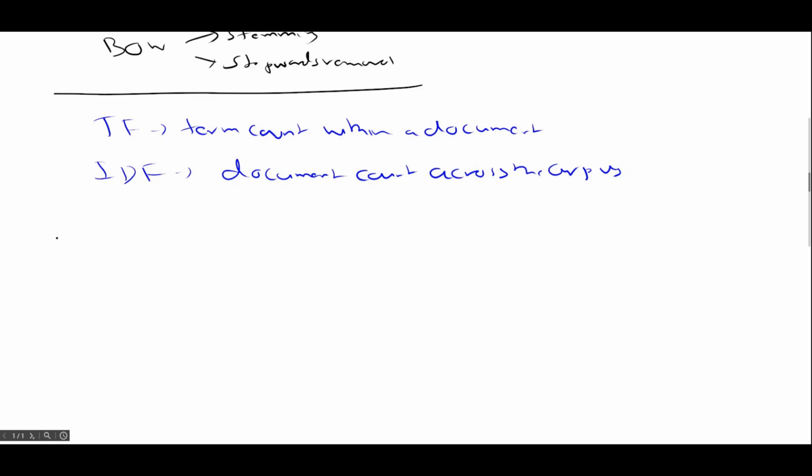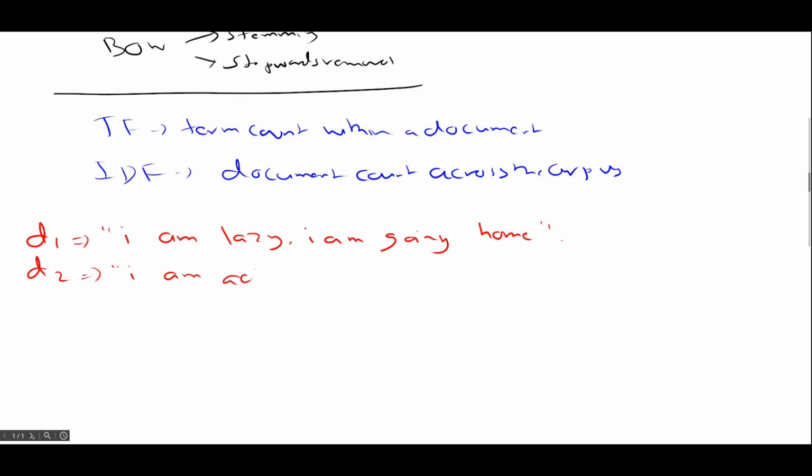Consider two documents where D1 consists of the text "I am lazy, I am going home", and another document D2 which consists of the words "I am active, I am going home".